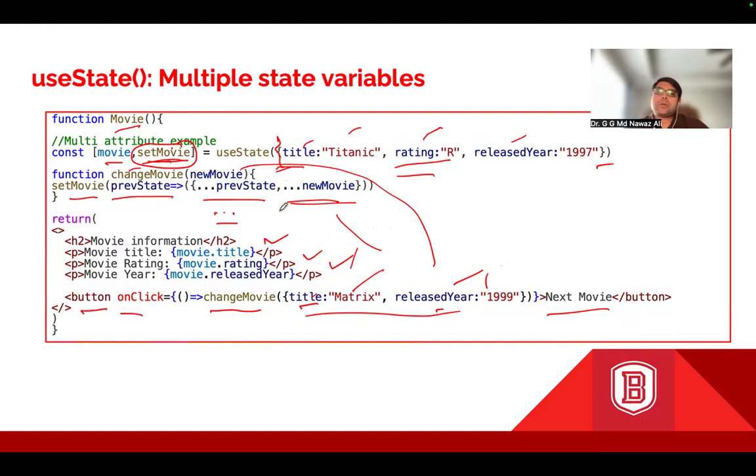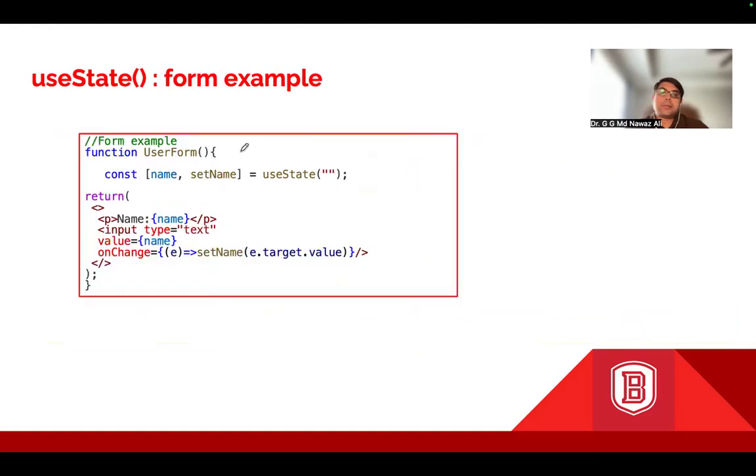So this is also a very important example of useState, and quite often we use this when we want to create a React based front end tool. Next, we'll see another small example of a form. The form is a very important widget, where we take the input from the users.